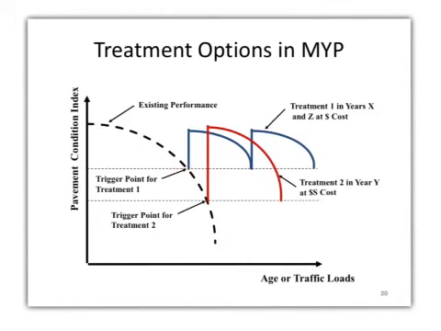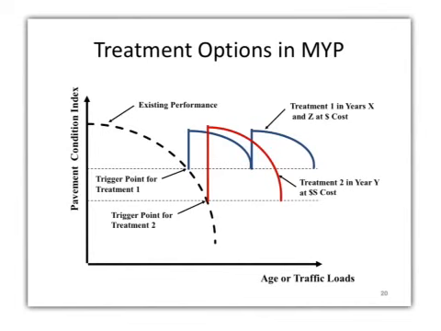So we're not waiting that long for the section to fail like here. Once we reach this trigger point, we start treatment number 1. Treatment number 1 can be maybe a 2-inch overlay and then another 2-inch overlay, in years X and Z, and that's going to cost us a certain amount of money.